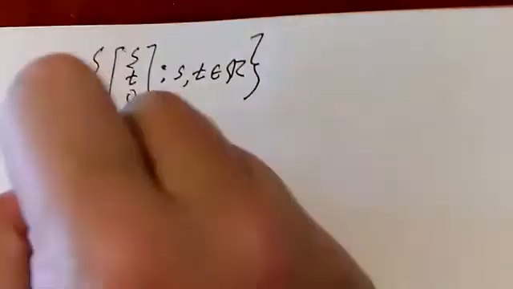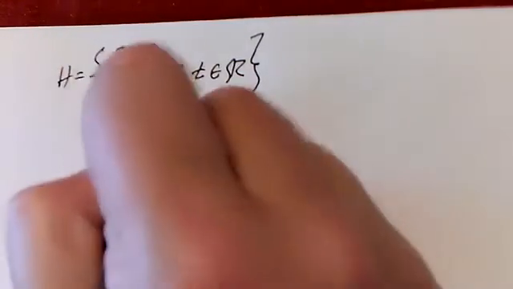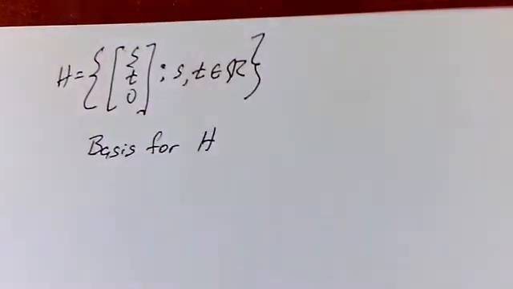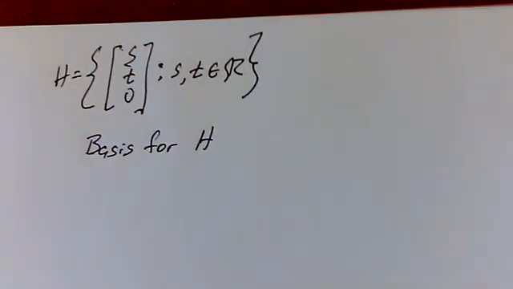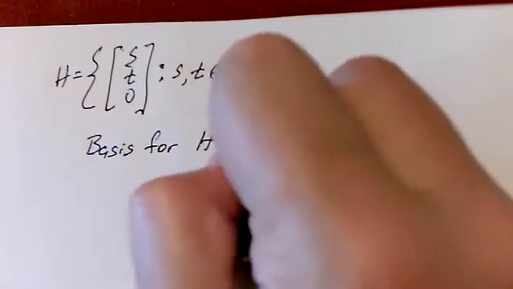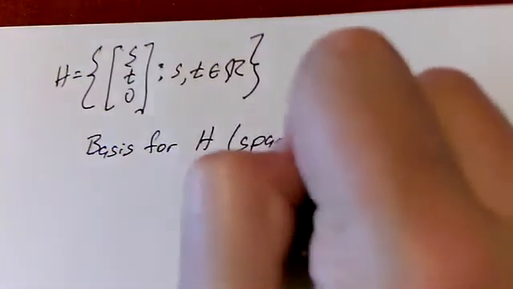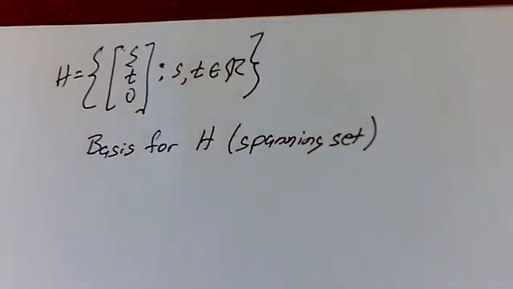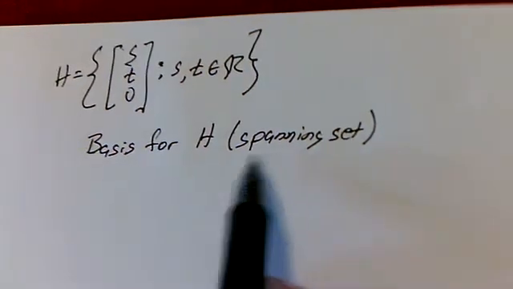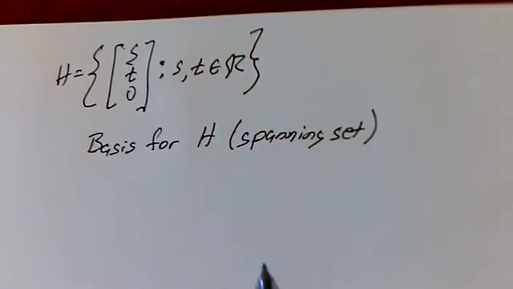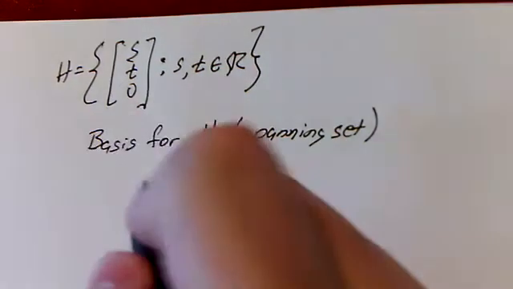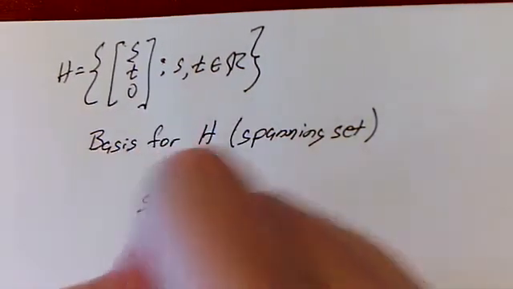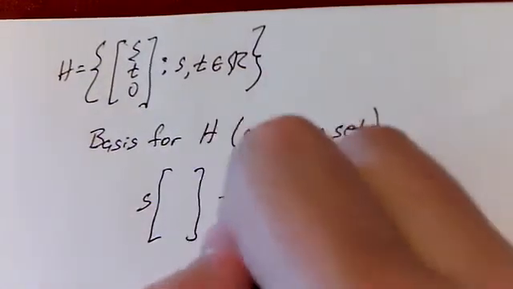So I want to find a basis for H. Okay, and if I'm looking for a basis for H, I'm looking for what's called a spanning set. Remember, to be a basis it has to cover the whole space, and the vectors have to be linearly independent. So let's look at this vector. I have an S component and a T component.